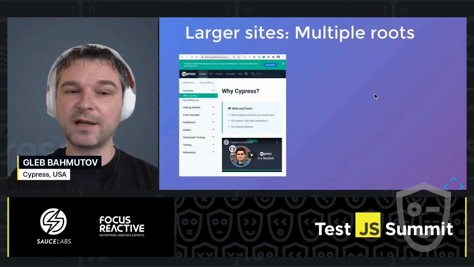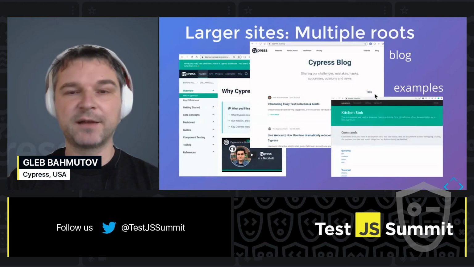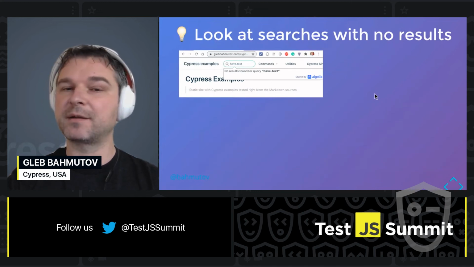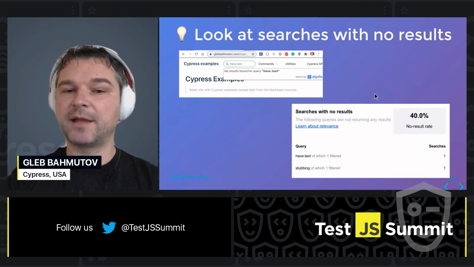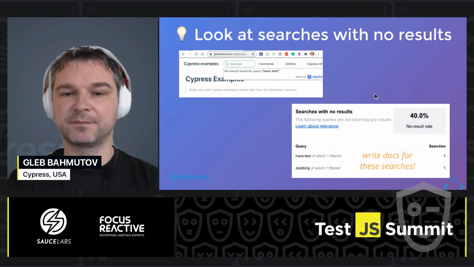We even scrape not just our documentation, but our blog posts and our examples, so you can find all the various pieces of information. I even look at the searches with no results.